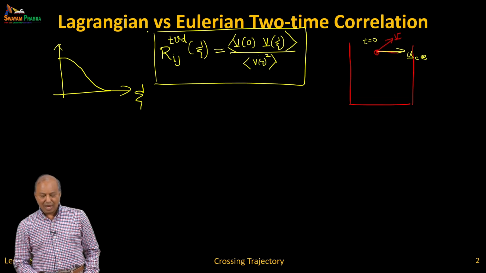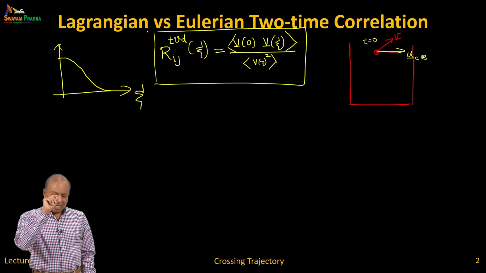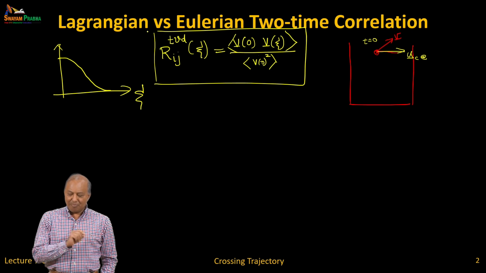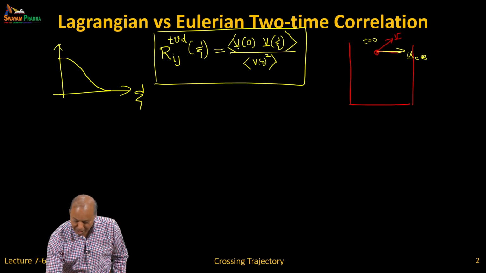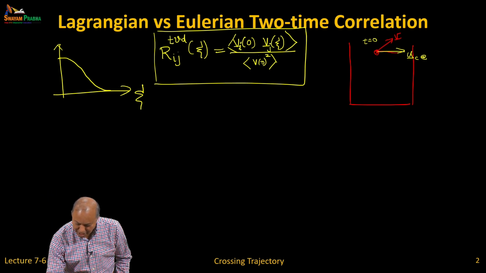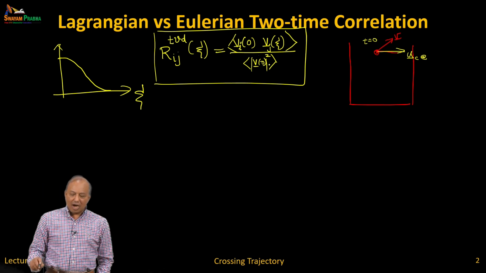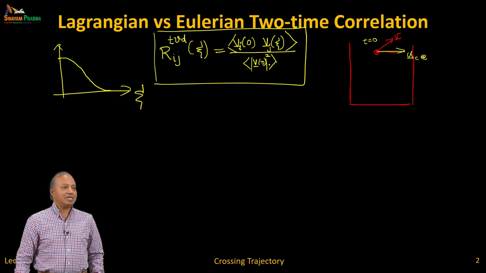So in other words, I take particle velocity at time t equal to 0 and particle velocity at some other time z. I have a mixed notation. I should have written i and j here. So we correlate the ith velocity component of a particle with the jth velocity component of the particle at a different time.